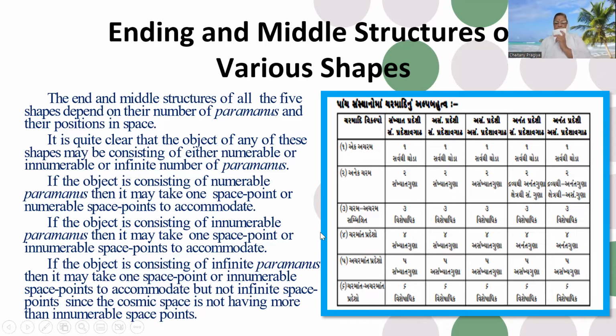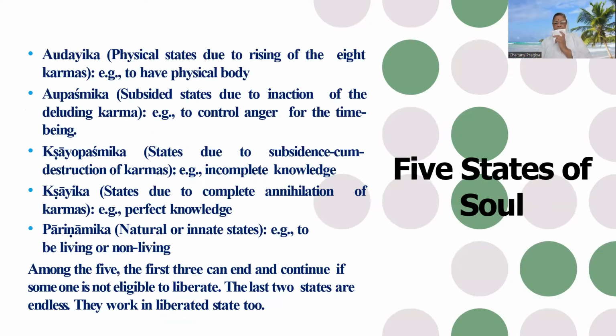In this way, it is said that there are different shapes of objects which have different numbers of atoms in the end or in the middle.